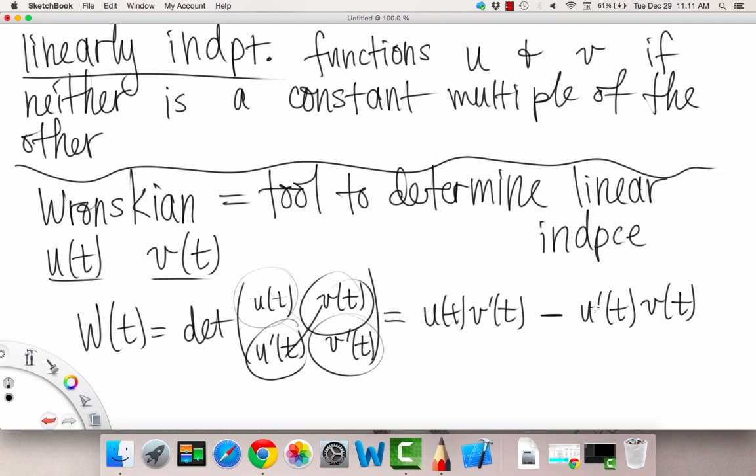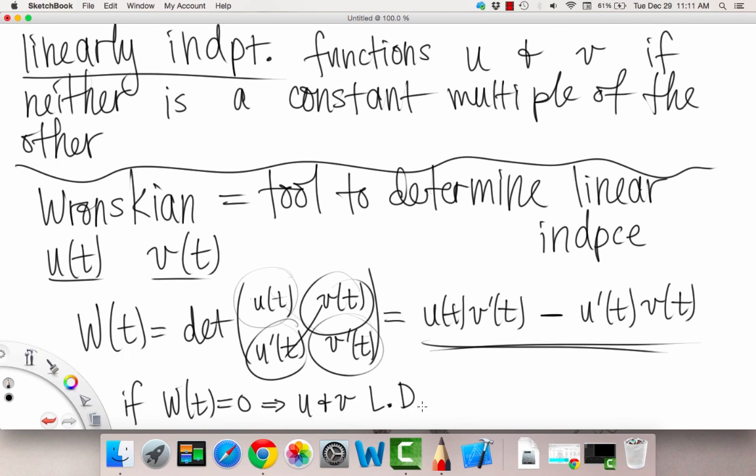So that is the Wronskian, that's what it's called. If our W of t ends up equaling 0, then that means u and v are linearly dependent on each other.